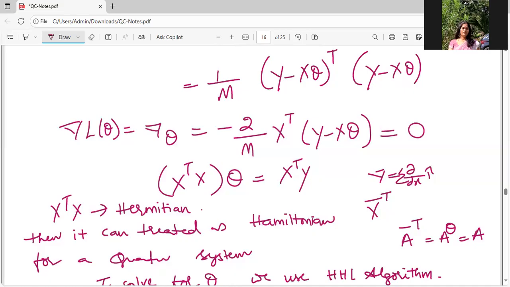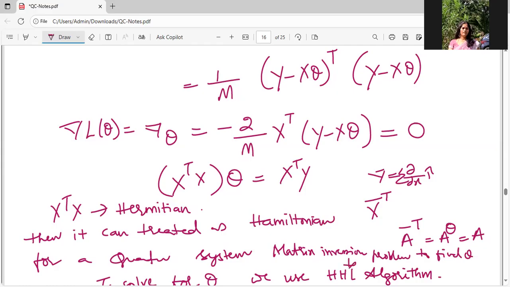And the HHL algorithm is famous for solving systems of equations in quantum. Hence, I go for getting theta, of course, the matrix inversion problem to find theta, which can be done using the HHL algorithm.